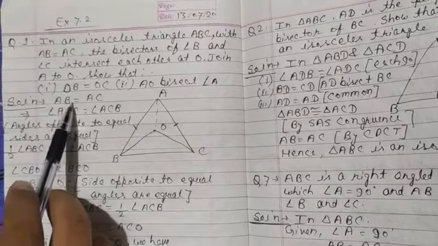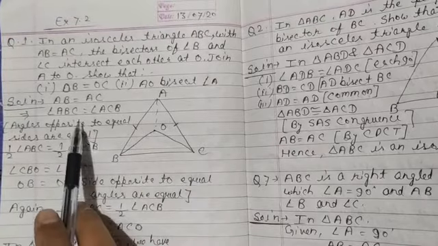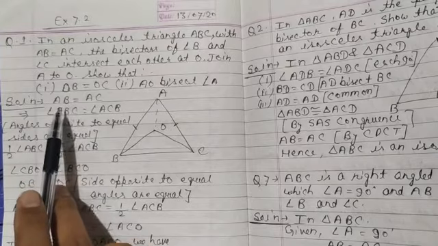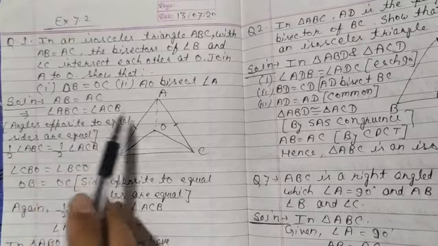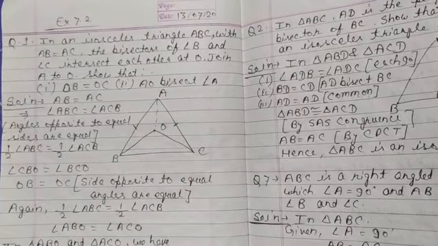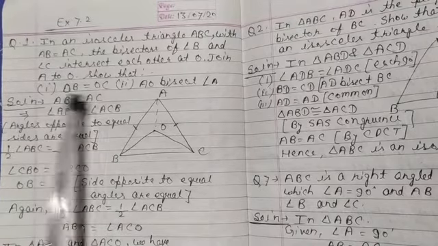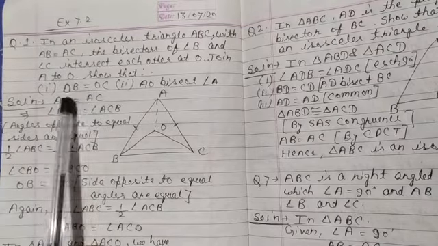Solution: given is AB is equal to AC. If two sides of a triangle are equal, then the opposite angles of these two sides are also equal.